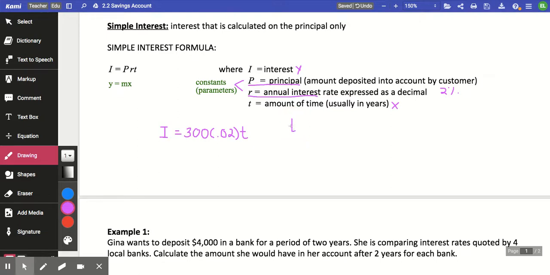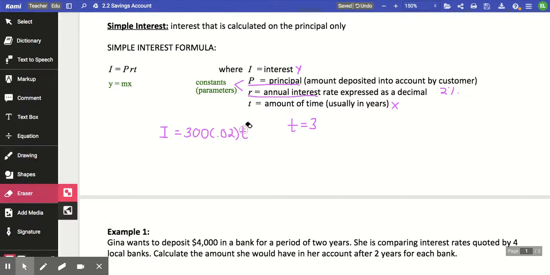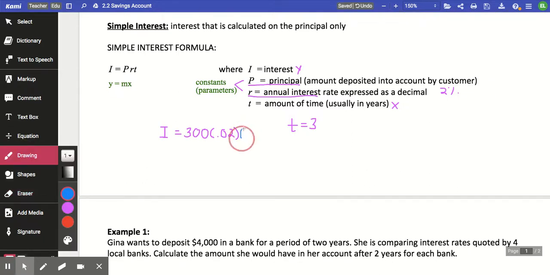So after, for example, 3 years, so if t equals 3, I would substitute 3 in for t and calculate that, telling me that my interest after 3 years based on this information would be $18. Notice at an interest rate that low, along with an initial deposit that low, you're not earning that much in interest.